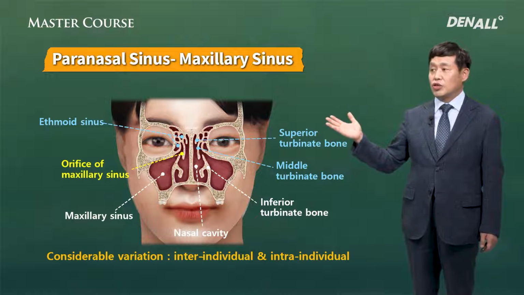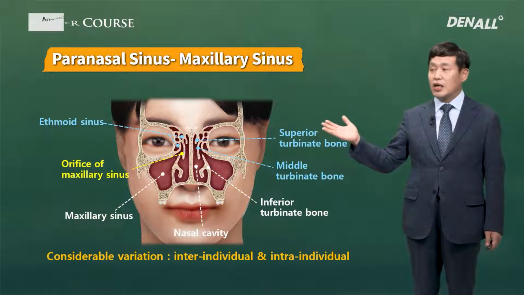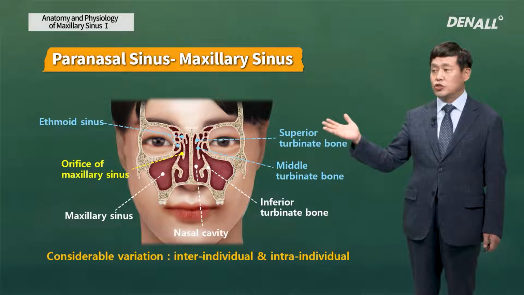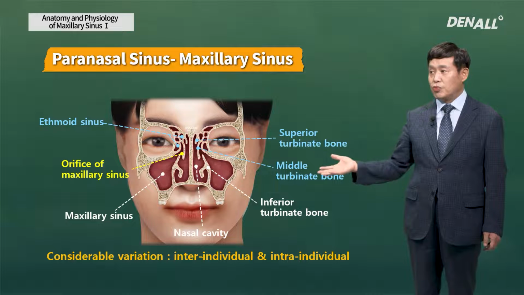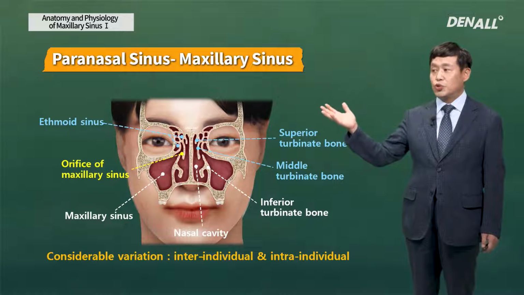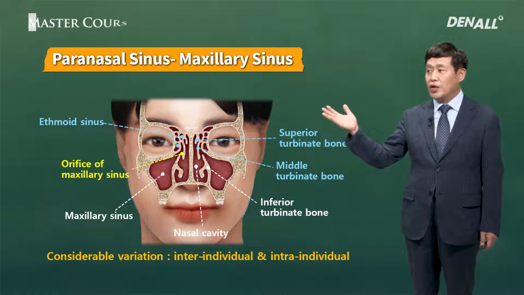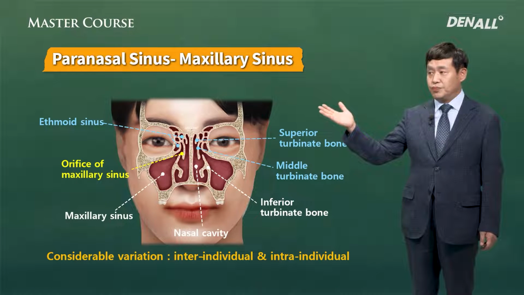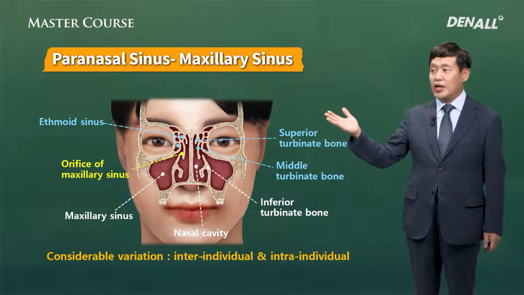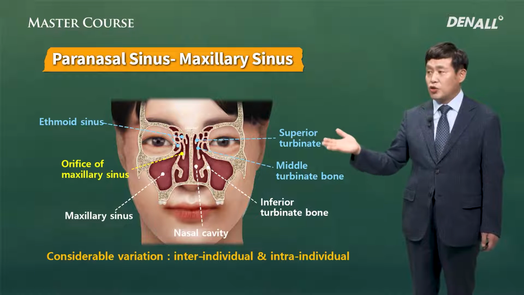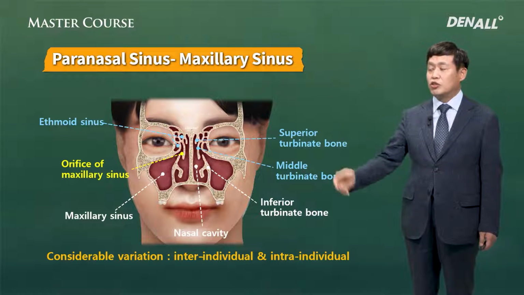In general, the maxillary sinus and nasal cavity are connected at the orifice of the maxillary sinus, which is between the inferior turbinate bone and the ethmoid bone. Because of that, in the nasal cavity, the middle nasal meatus, the middle layer, is connected to the maxillary sinus.